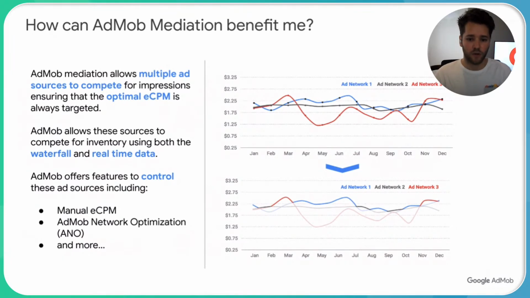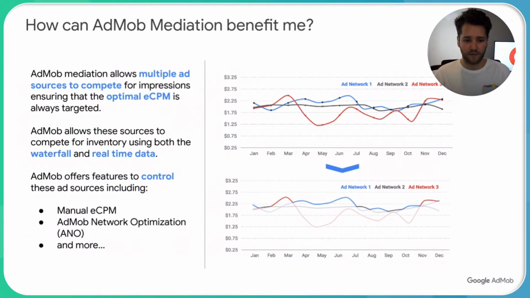And some networks, based on seasonality or a lot of different parameters, will perform better or worse than other networks. So the idea of a mediation is always to pick the best one.